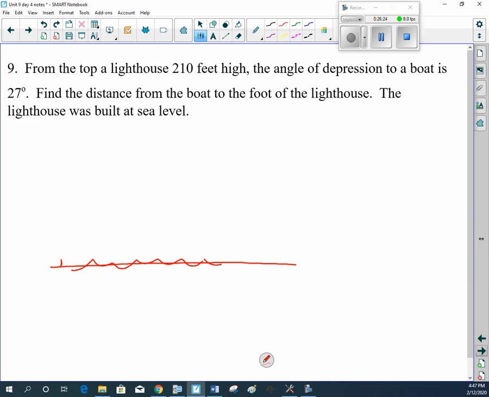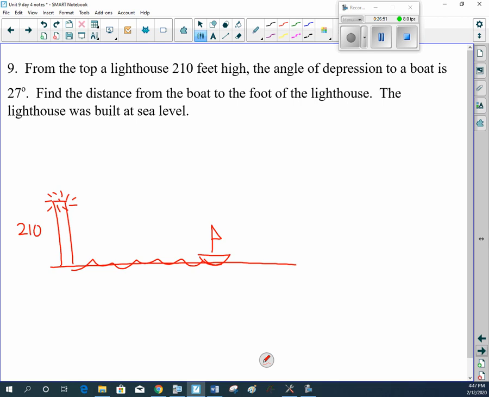So here's your lighthouse. We'll just show light coming from the lighthouse. And then there's a boat over here. There's my fancy boat. And it says from the top of a lighthouse that's 210 feet high. So this lighthouse is 210 feet.